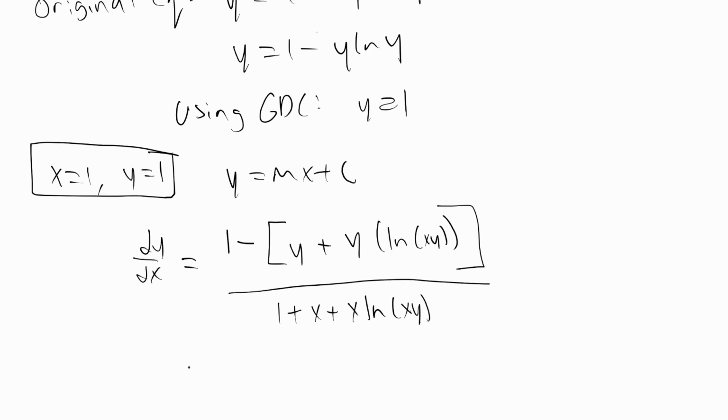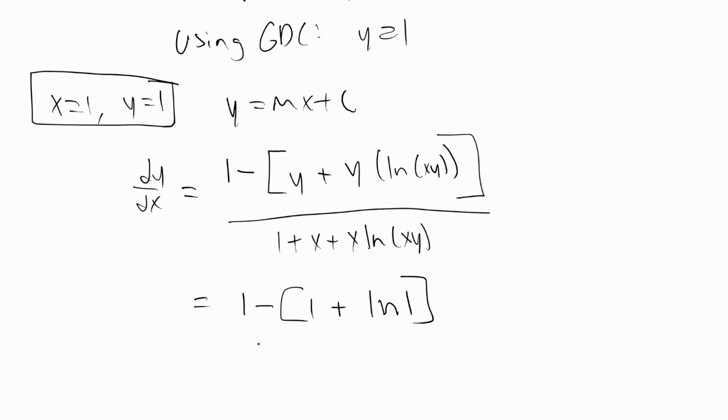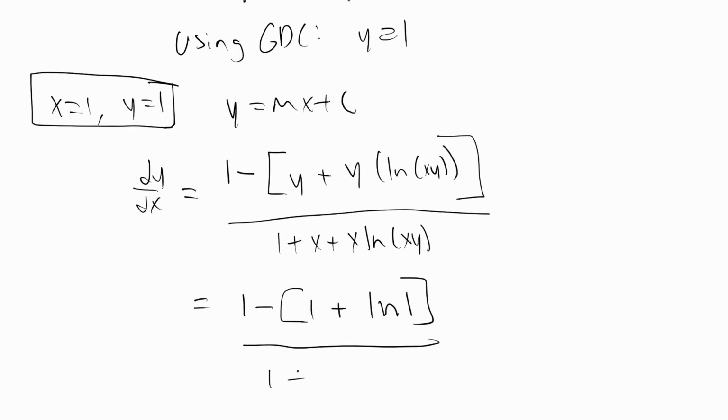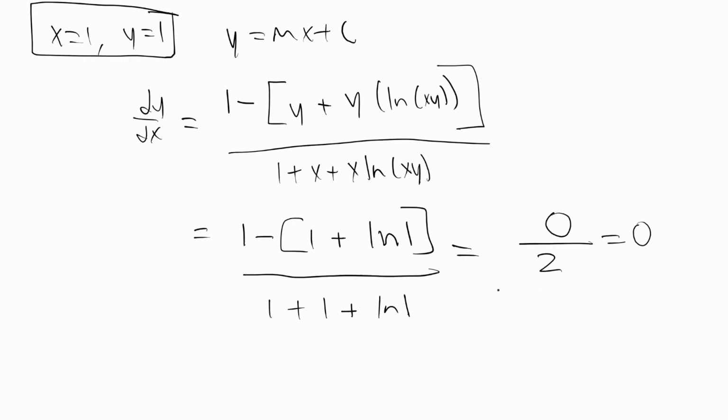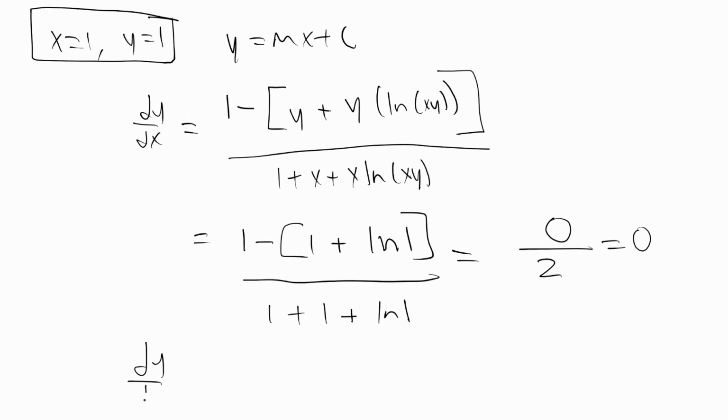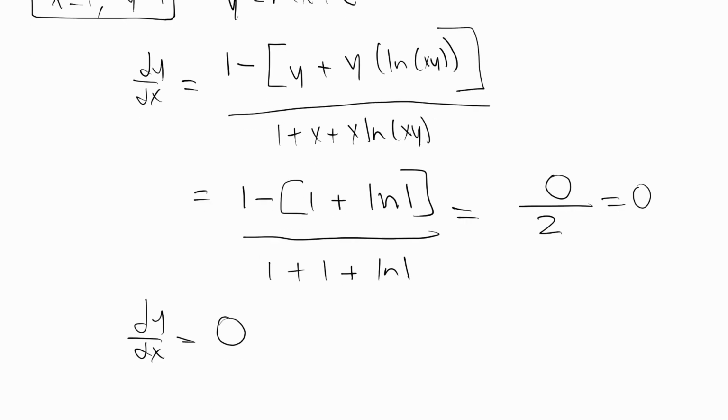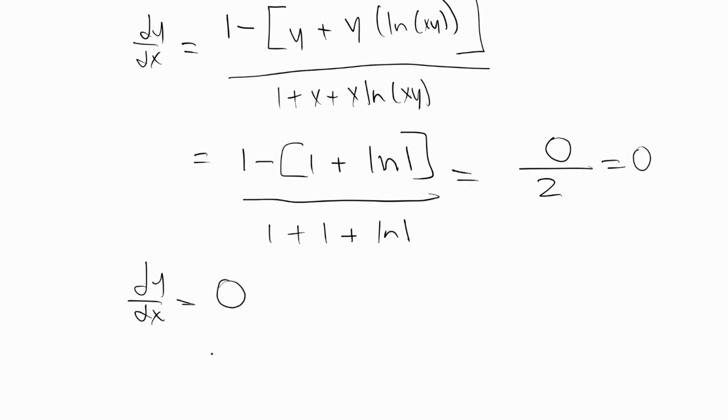Now if I substitute in all the known values, I get dy by dx is equal to 1 minus 1 plus ln of 1 over 1 plus 1 plus ln of 1. Now what is this equal to? Well, you get 0 on the top over 2 on the bottom, and that just equals 0. So the slope at this particular point is actually equal to 0.